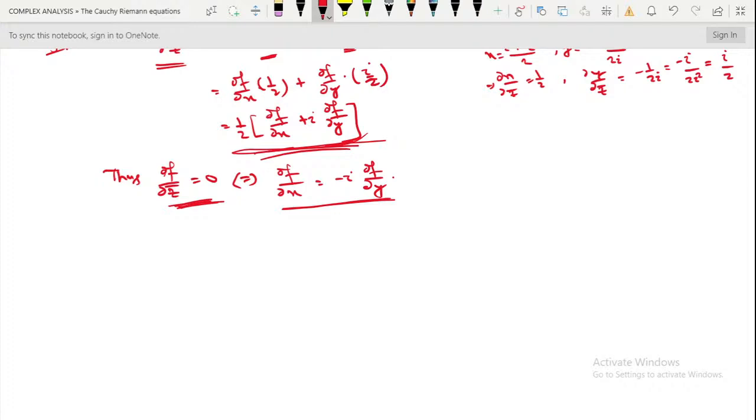So this implies that hence CR equations can be put in the form del f by del z bar equal to 0.